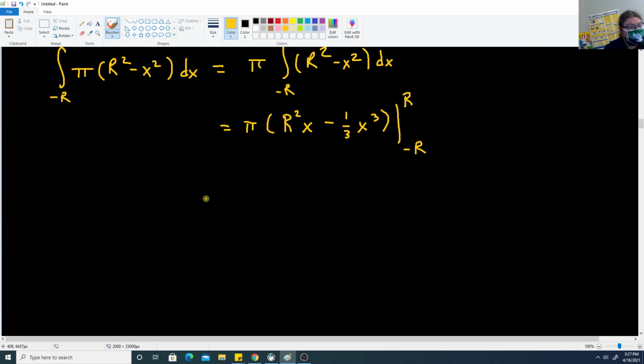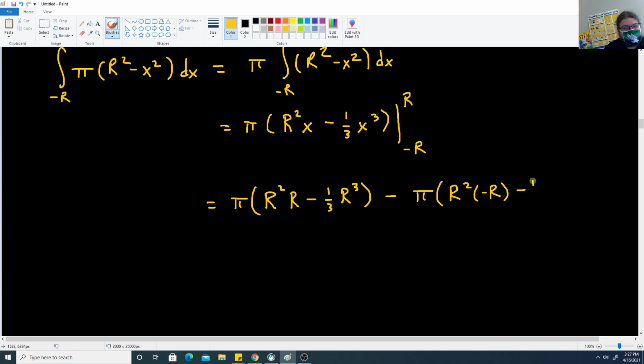So I'll plug that in. I will get pi times R squared times capital R minus 1/3 R cubed, minus pi times R squared times negative R minus 1/3 times negative R cubed. This is from the Fundamental Theorem of Calculus Part 1.